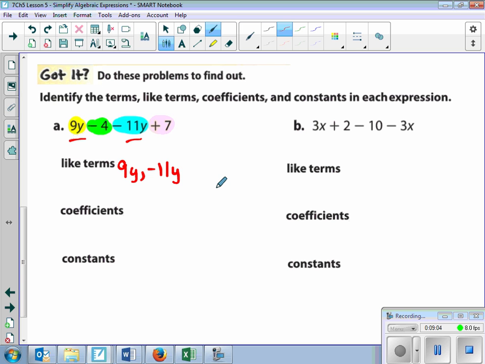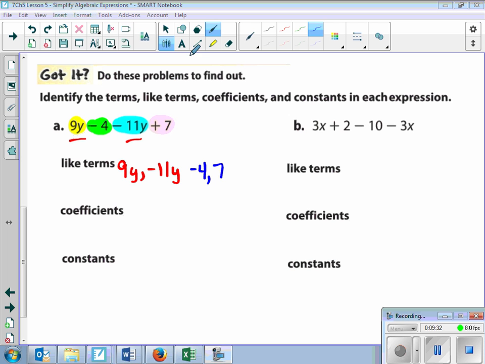Now, I must say also that constants are also like terms because I can put terms that have no variable, I can add them together, right? So, also, negative 4, I'll put this in blue, negative 4 and positive 7 are also like terms.